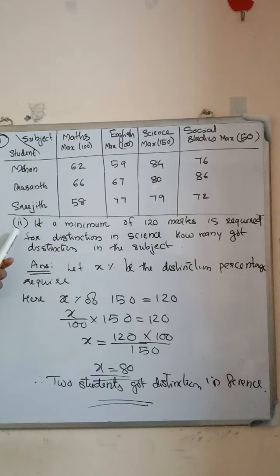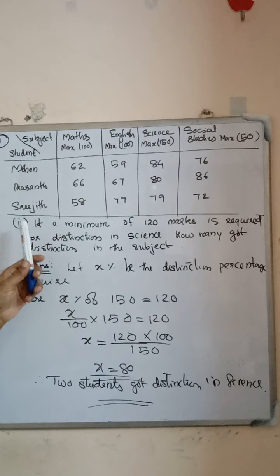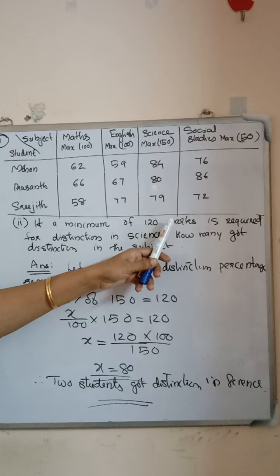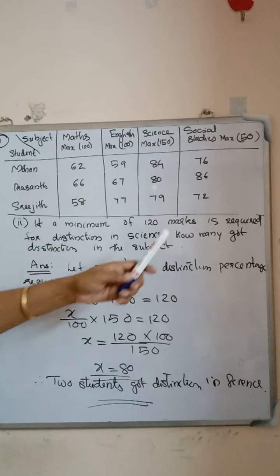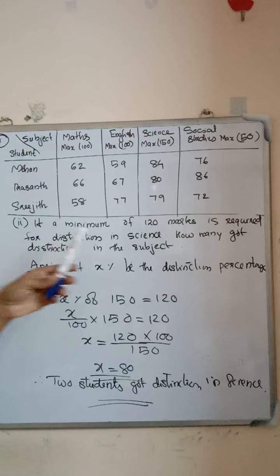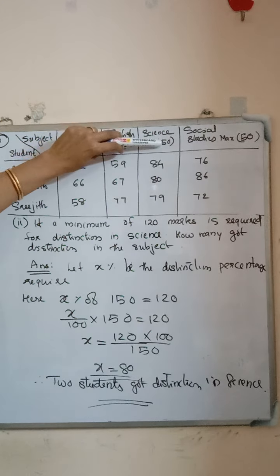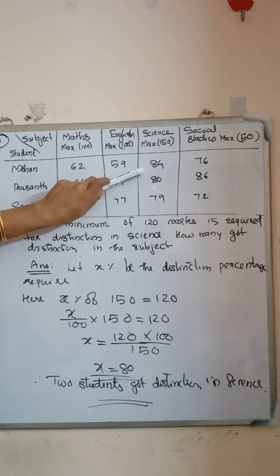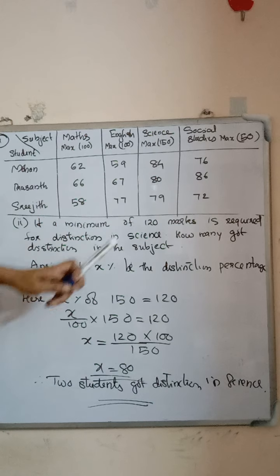Okay. Second question about this problem is, if a minimum of 120 marks is required for distinction in science, how many got distinction in the subject? Science has maximum mark 150 and 84%, 80% and 79% were got by the students.